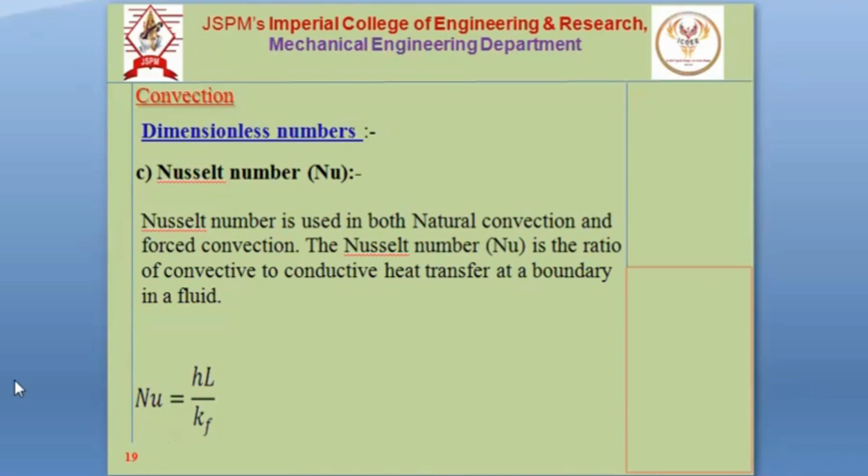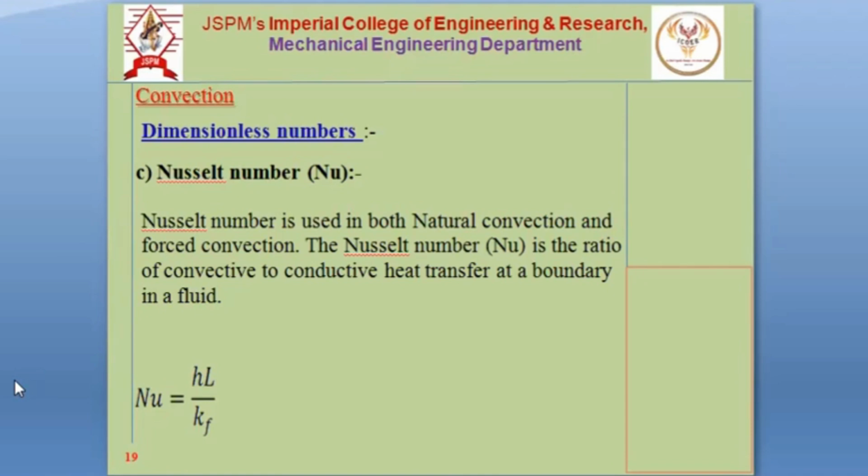Now comes a dimensionless number. Now we are actually discussing what? Dimensionless numbers, like we saw Reynolds number, Grashof number. So why do we go for dimensionless numbers? Because if you use variables, then we require a large number of experiments. So to reduce the number of variables, we combine the variables with dimensional analysis and get dimensionless parameters.